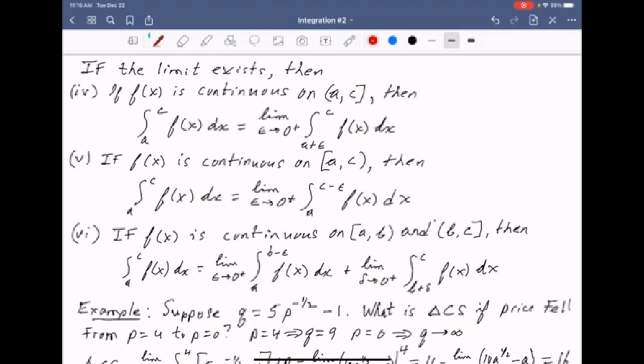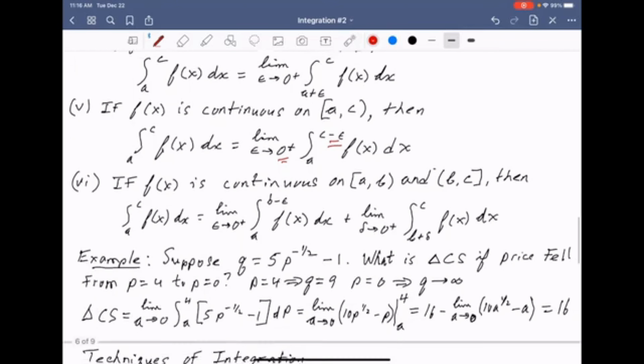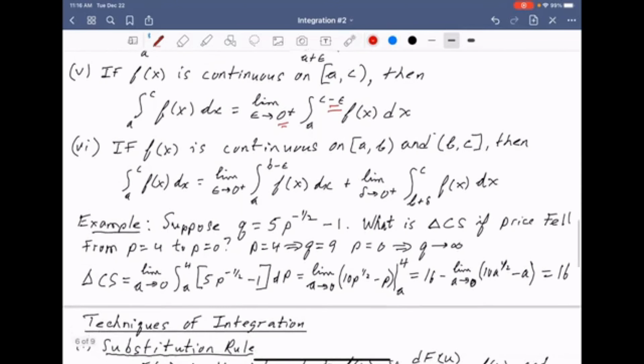If f of x is continuous on the half open interval, but in this case the interval is open on the right hand side at c, then the integral from a to c of f of x is given by a limit. Again, we postulate this little epsilon, which is then being driven to 0, and in this case we subtract the epsilon from c, and we use that to integrate the function f of x over that interval.